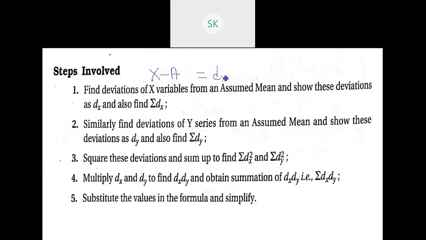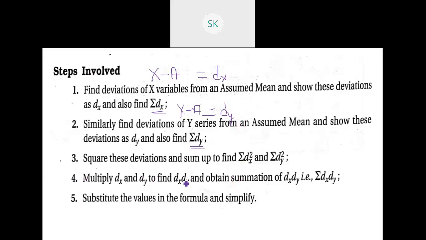When you add all the values of dx, that will be called sigma dx. Second step, calculate y minus assumed mean, and give this the name dy. Once you add all the values of dy, you get sigma dy.